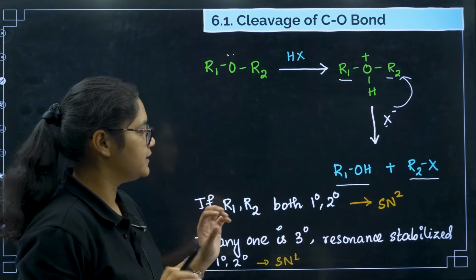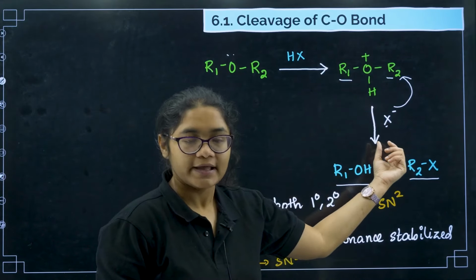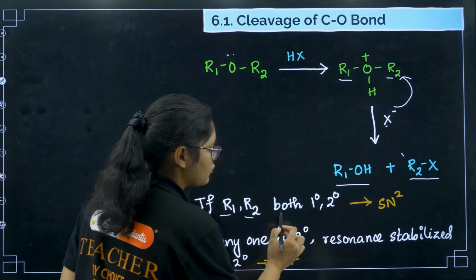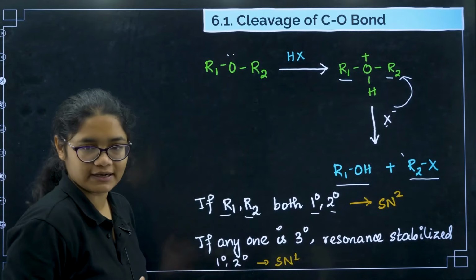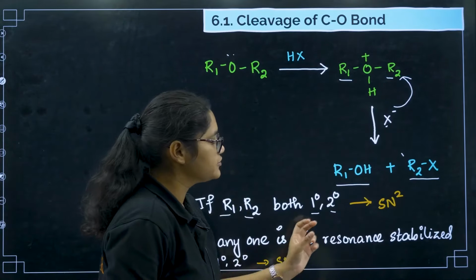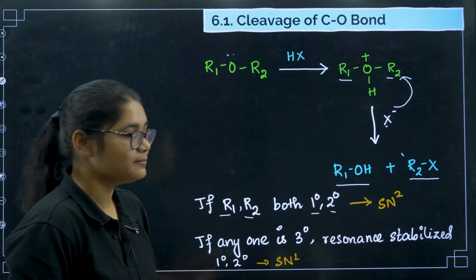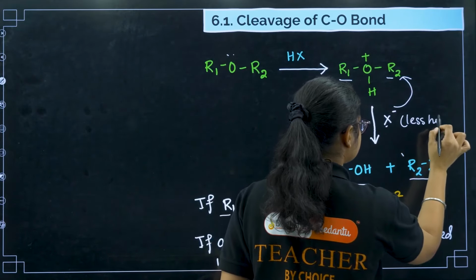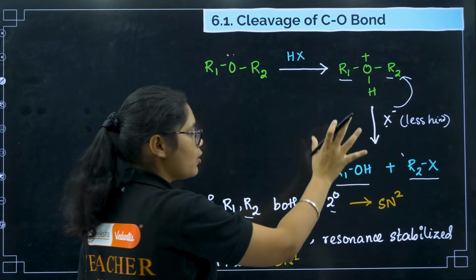Basically this is a nucleophile. Understand properly: if R1 and R2 both are primary or secondary, then the reaction will follow the SN2 mechanism and X minus will attack the less hindered side. Whichever has the smaller group, X goes to that side.